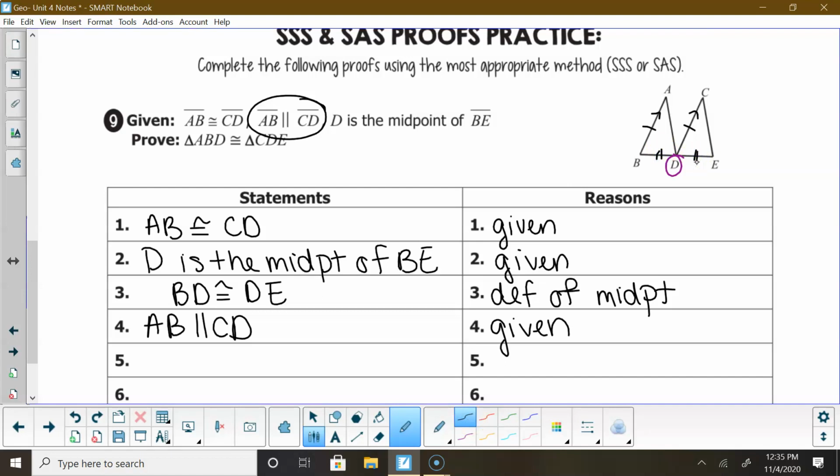Now remember, we're going side angle side. So I've got sides. I need to do something with these angles right here. Because the only way I can do this is if I have an angle in between those two sides. Want to name them angle 1 and angle 2?